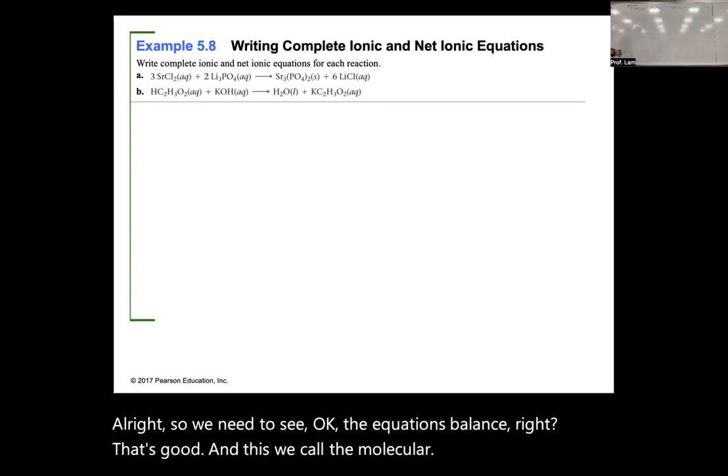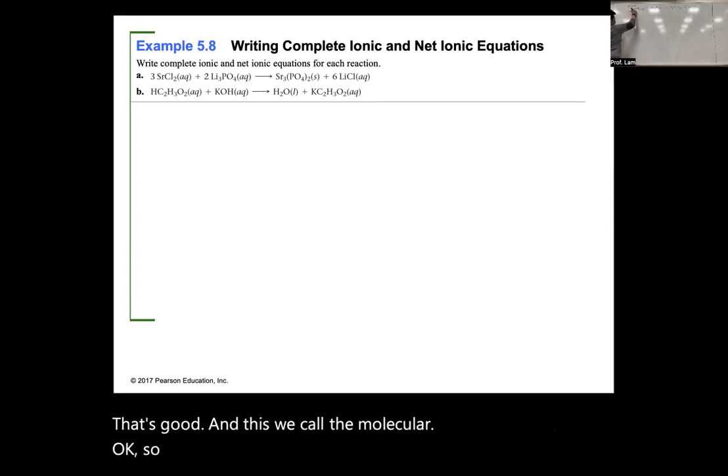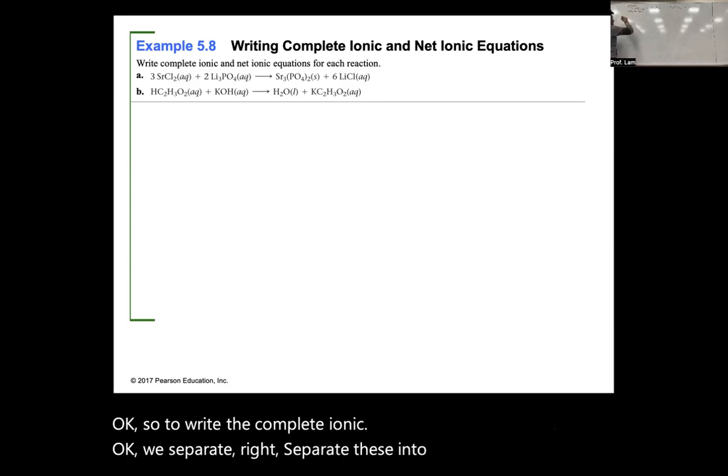To write the complete ionic equation, we separate these into ions, but we also have to make note of the coefficients.